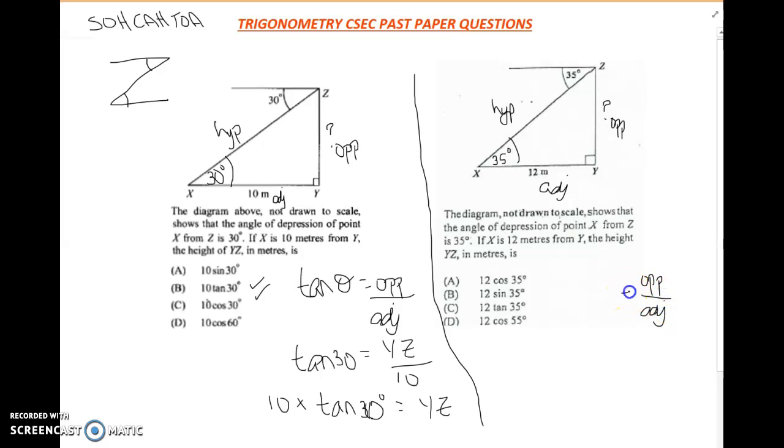It's literally the same question. Tan of the angle. It's just my angle is different. Here I get tan 35. Opposite is the YZ. And adjacent is the 12. Again, we want to get rid of this division by 12, so it becomes multiplication by 12.